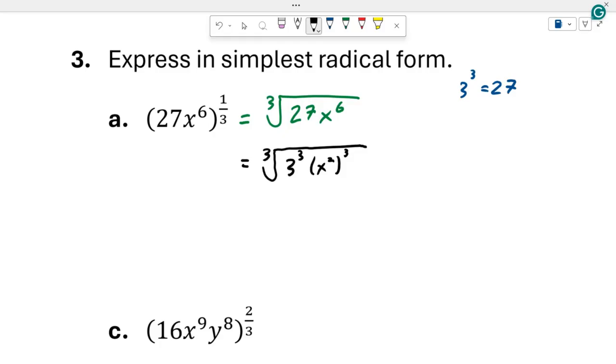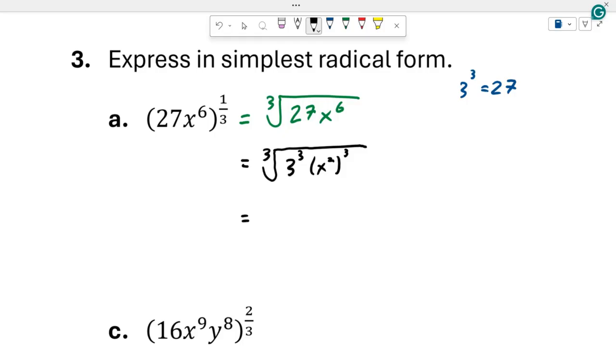This is a variant of something we saw in question 1. It's kind of like going backwards. When I have x to the 6th, 6 is 2 times 3, and when I have a power to a power, I multiply. So x squared to the 3rd power is in fact x to the 6th. So what I have is something to the 3rd power times something to the 3rd power.